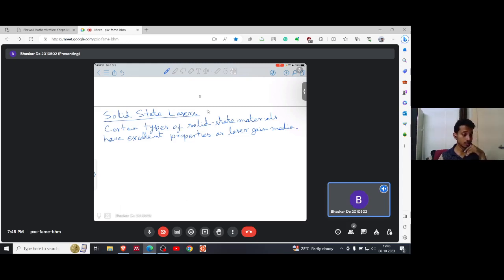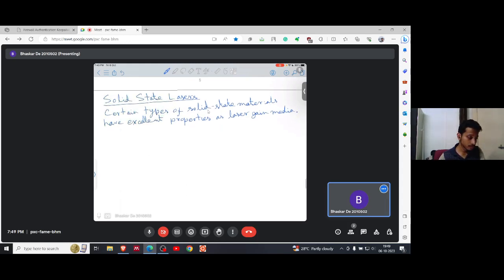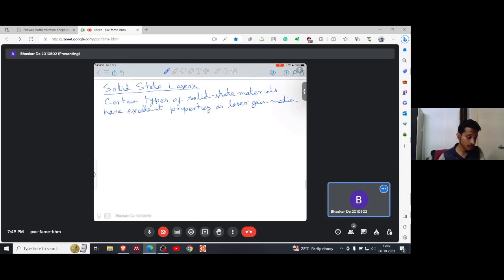They generally consist of crystalline or glass materials into which specific atom ions are embedded to act as the lasing species. The host materials must naturally be transparent at the laser wavelength to preclude absorption of the laser light as it develops within the gain medium. There are two kinds of material in the solid state material: the host material and the dopant ion.